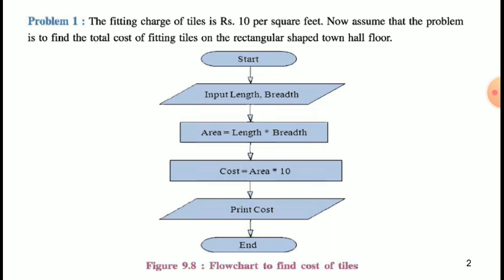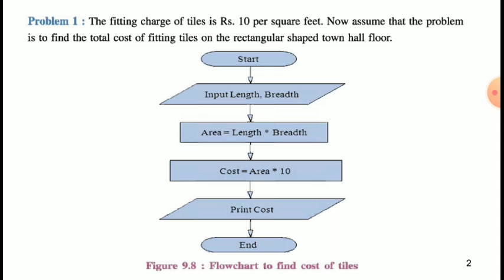Second, input, that means length and breadth, input the data. Then the process: area equals length into breadth, and cost equals area into 10. So print cost, that is the answer, and end of the flowchart.